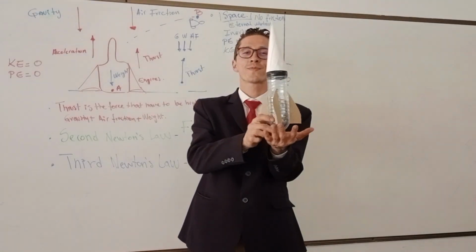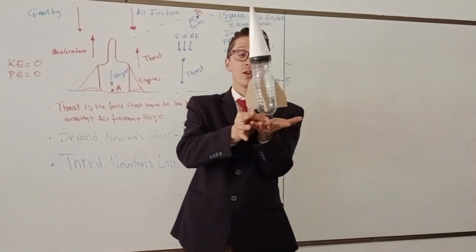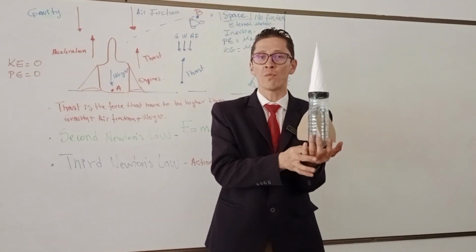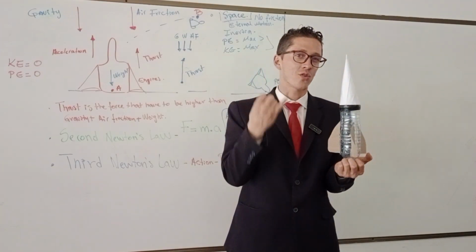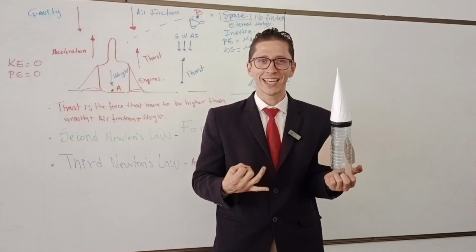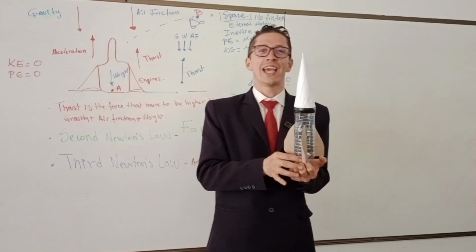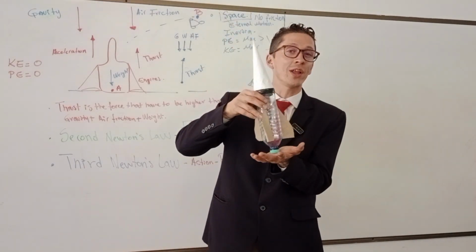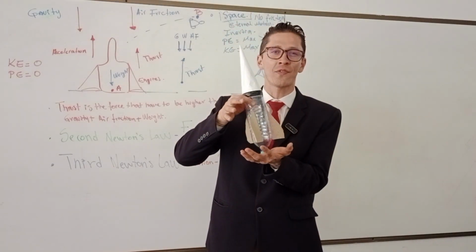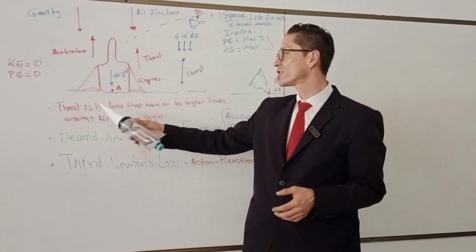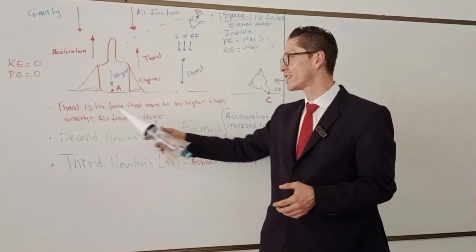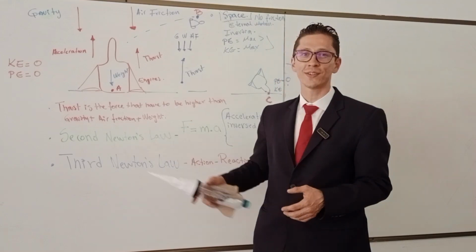Then on the ground, we have to recall this, okay? On the ground, we have to overcome three main forces: gravity, weight, and air friction. And the force that will overcome the sum of all of them is the thrust. The thrust is the force that has to be higher than gravity, air friction, and weight, right?